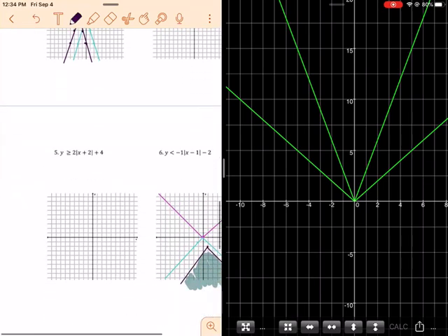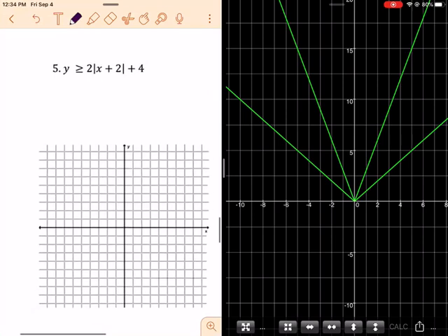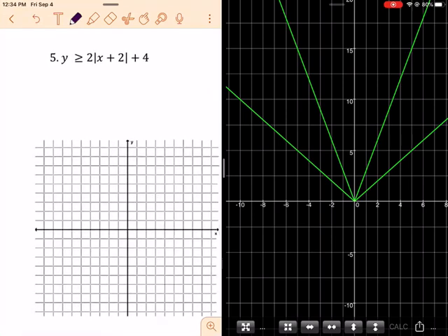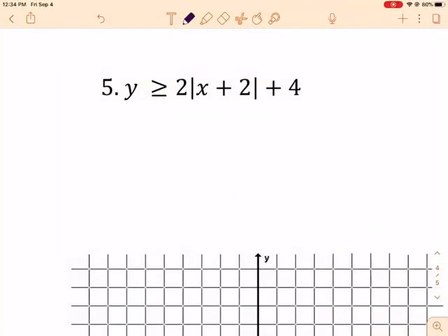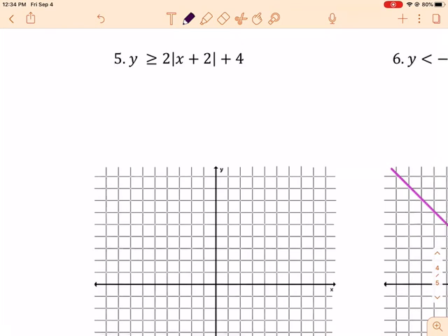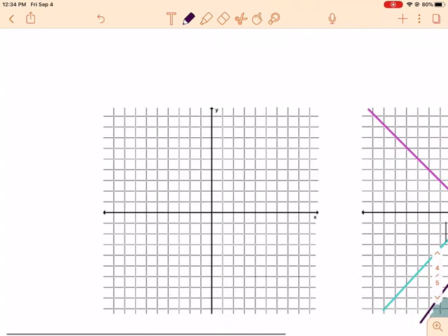All right, so let's try this guy right here. This one has an inequality sign, and it's got a lot of changes. So let's take this step by step. According to this, I'm going to graph the original, then I'm going to stretch it by 2, and then I'm going to move it left 2 and up 4.